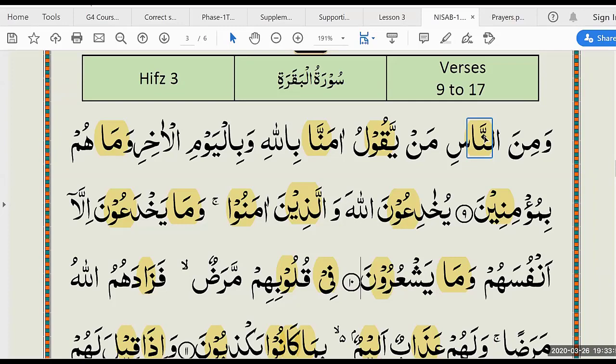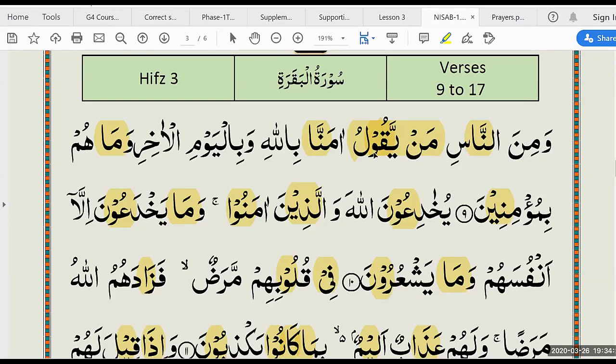Look at this word: man yaqulu. Which letter is huruf mad? Give me one letter.